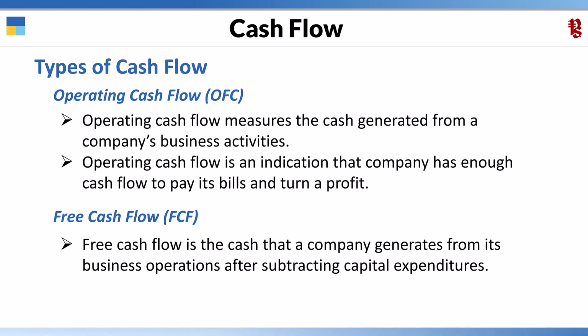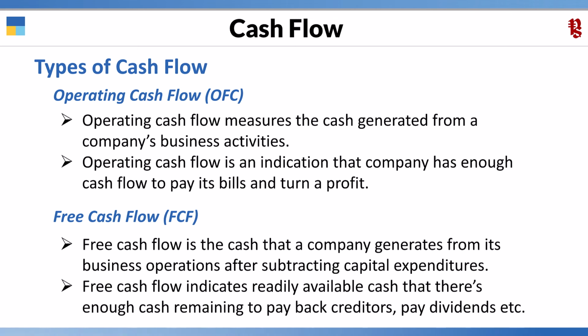Whereas in the earlier one, operating cash flow, the capital expenditure also is included as part of outflow or inflow of cash, in free cash flow it deducts the capital expenditure and then arrives at the cash flow position, which is what is a free cash flow.